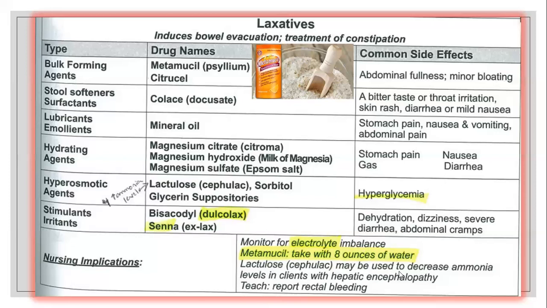Lactulose may be used to decrease the ammonia level in a client with hepatic encephalopathy. If the liver does not work, the waste product ammonia is produced and enters the brain and causes confusion. So if a patient has hepatic encephalopathy, it is good to give them lactulose.